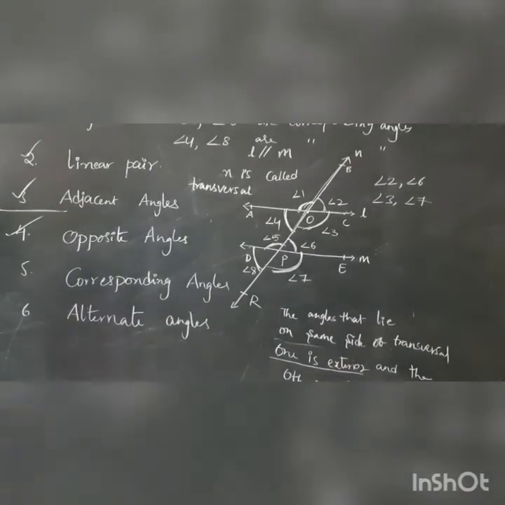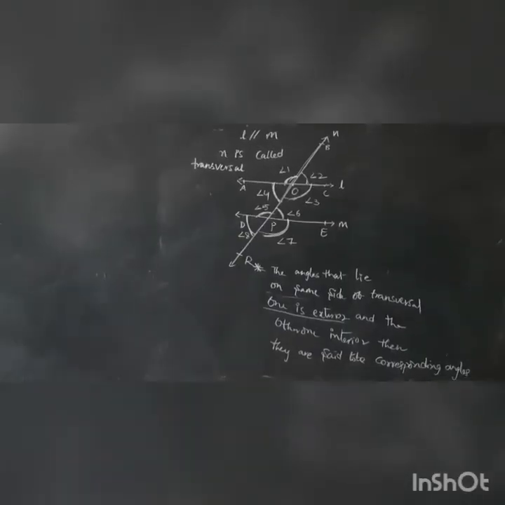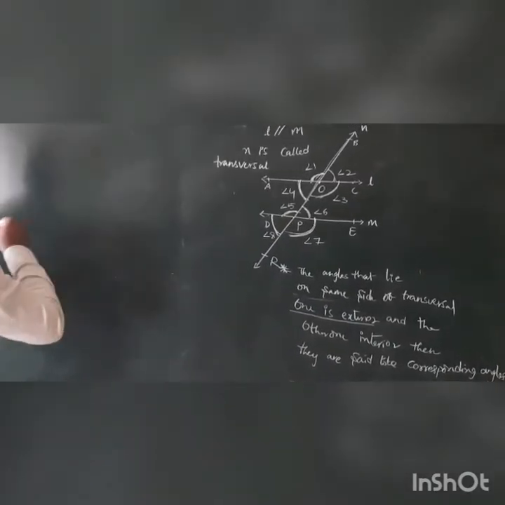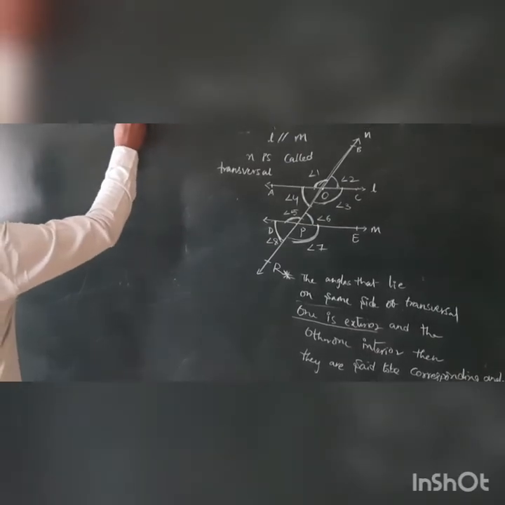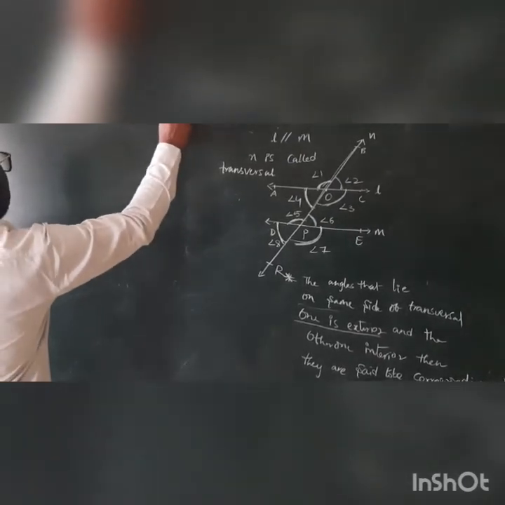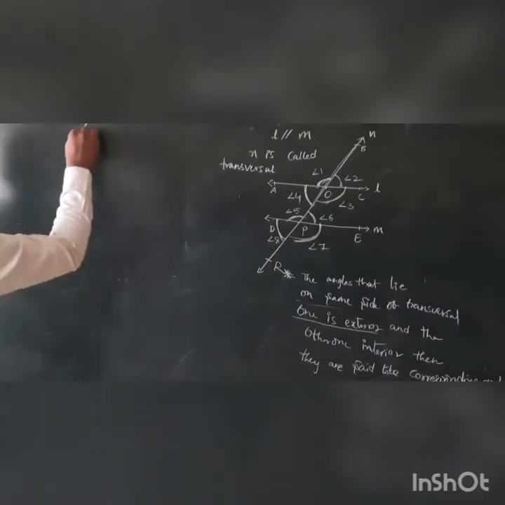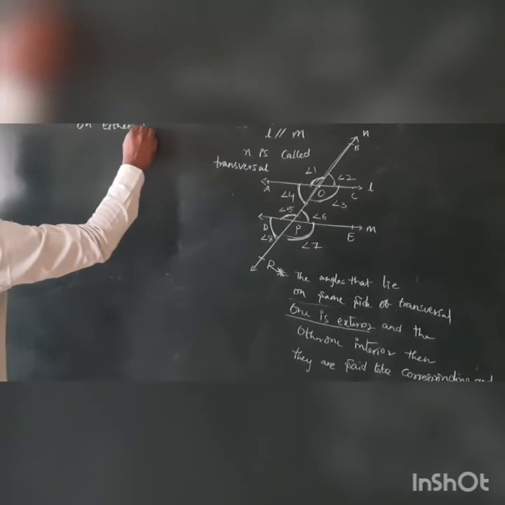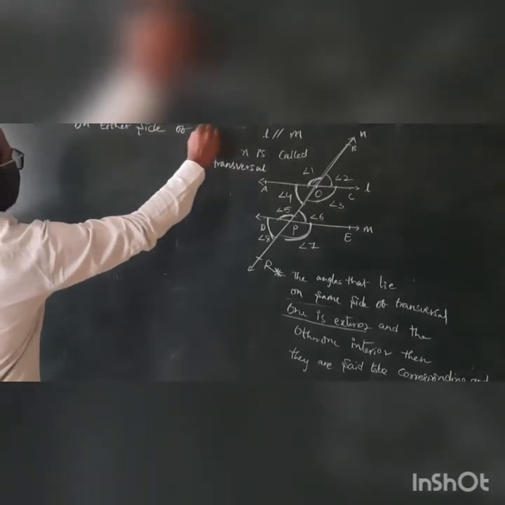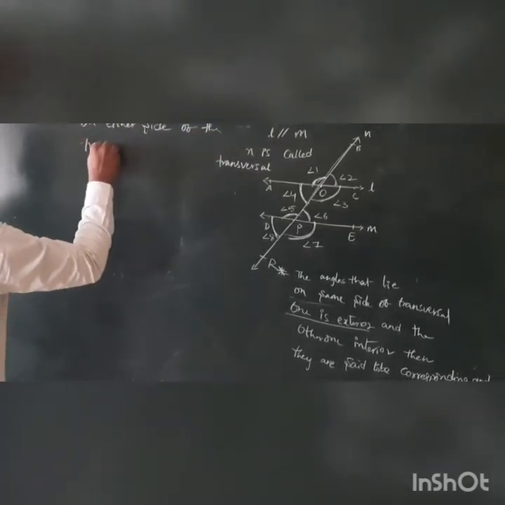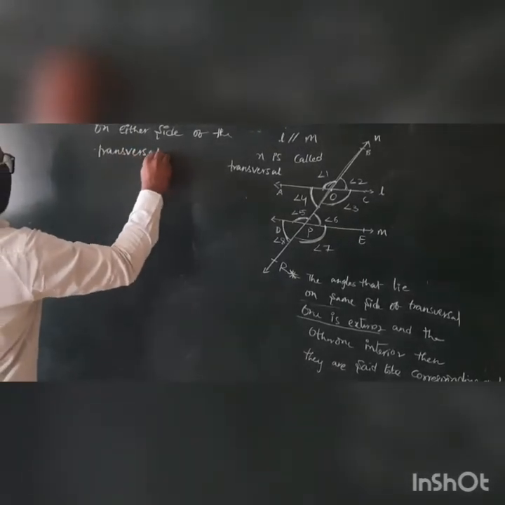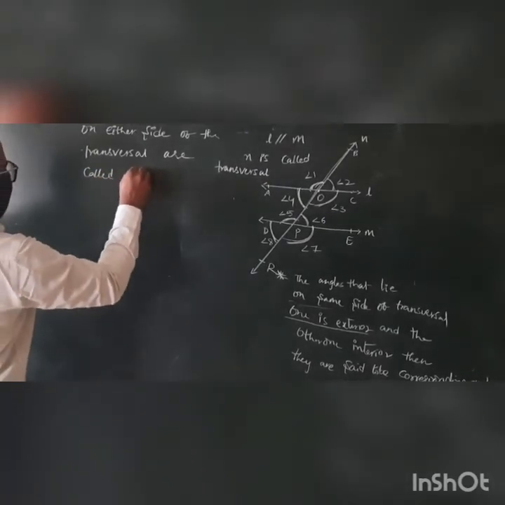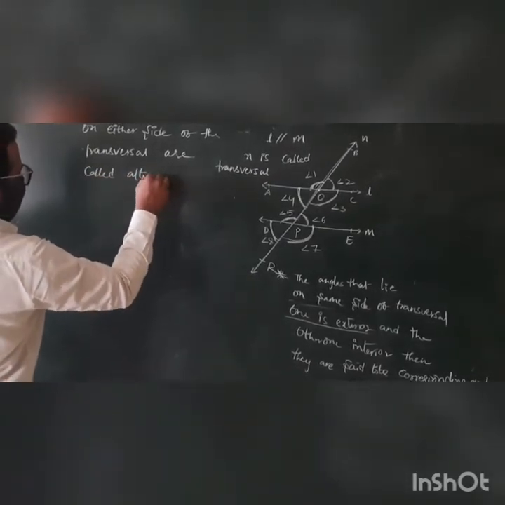Now let us see what are alternate angles. Here you can see the definition of alternate angles: the angles that lie on either side of the transversal are called alternate angles.